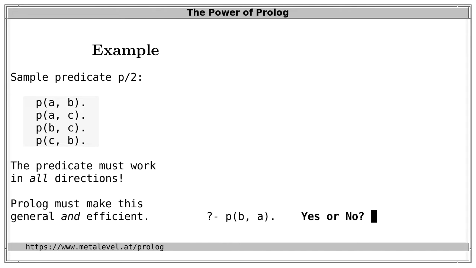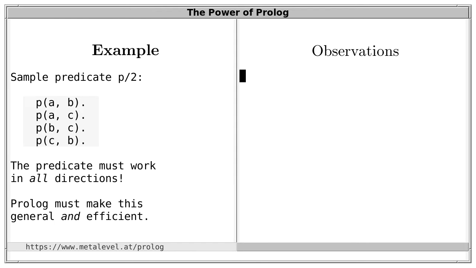So, for instance, in the most extreme case, when we ask a yes or no question about these facts, where all arguments are instantiated, then we expect a very quick answer from the system that ideally avoids a linear scan of all facts. And this desire to avoid a scan of the entire database is the motivation for argument indexing.